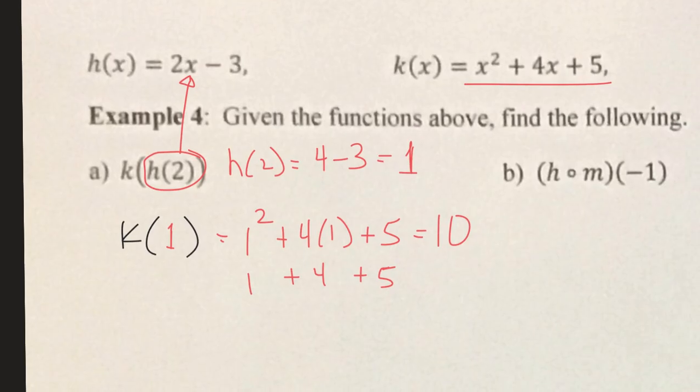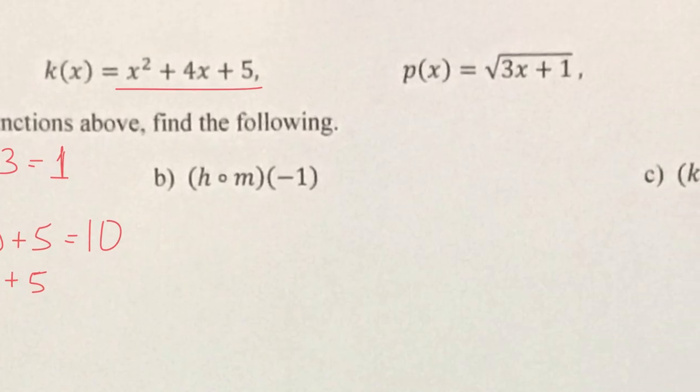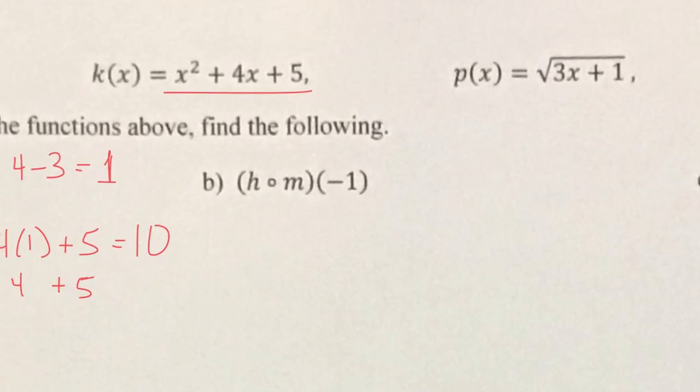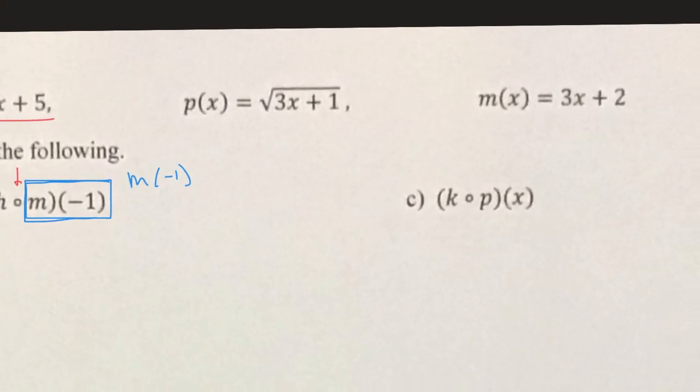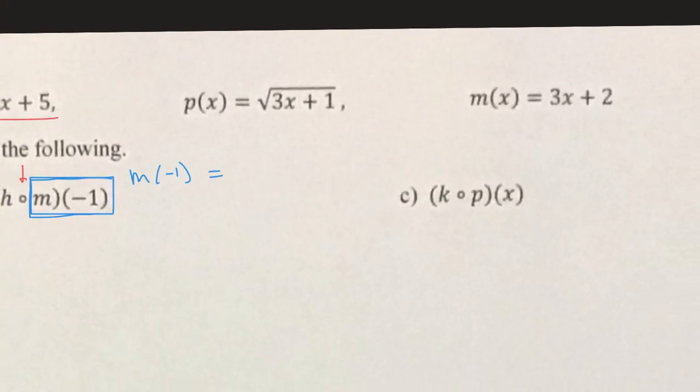So that's pretty standard. Now we have it in, oh, look at this notation. This is with our composition notation. When we have it like this, we want to evaluate the closest thing first. So we're going to evaluate what is m of negative 1. Okay, m of negative 1. So we got to come over here. There's my m equation. M is 3 times x plus 2. Okay, which is, of course, negative 3 plus 2, which is negative 1.